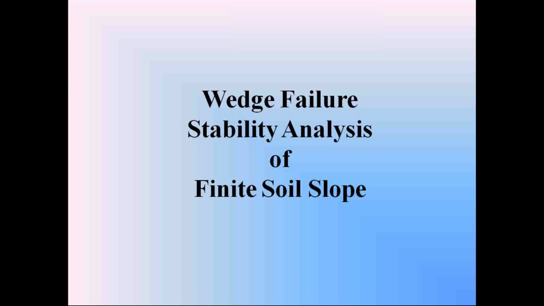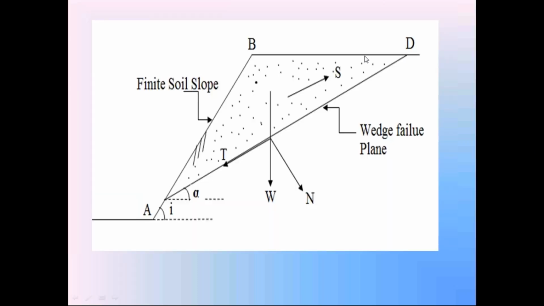Along with the side slope, we prepare the plan of the embankment, the canal, and also the earth dam on the sheet. So this is the plan of an embankment. So including this earth slope, prepare this plan on the graph sheet.